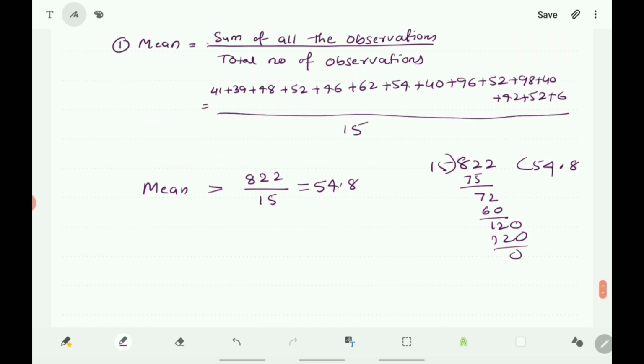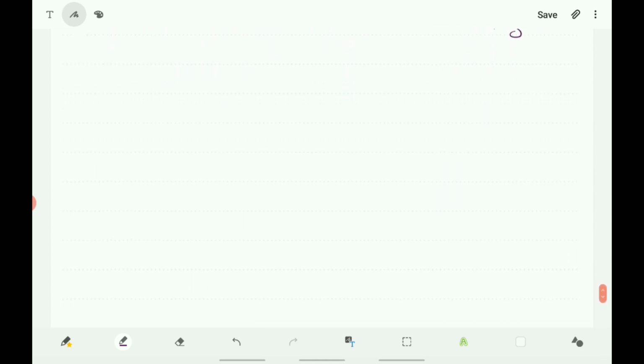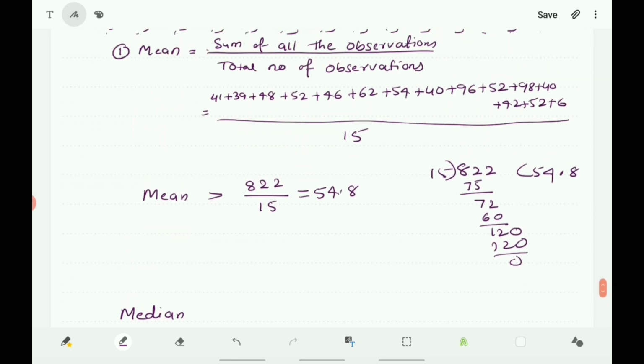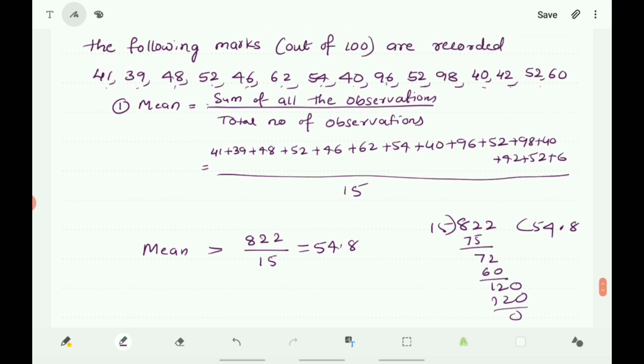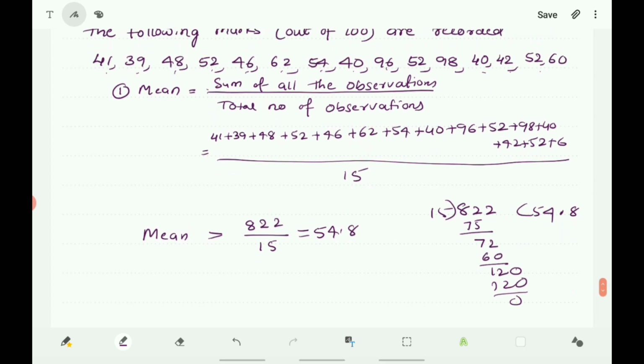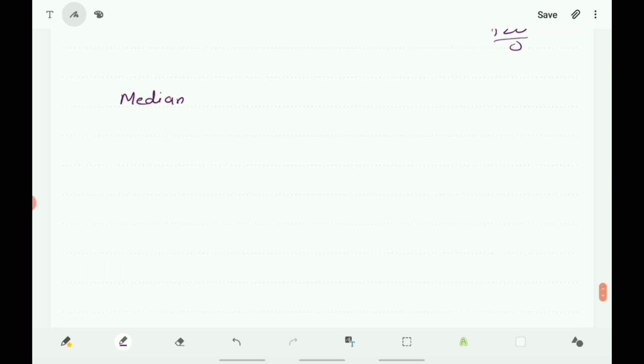Next, to find median. Here 15 scores are there. So before that, you arrange the scores in descending or ascending order. So let us arrange the scores in the descending order.